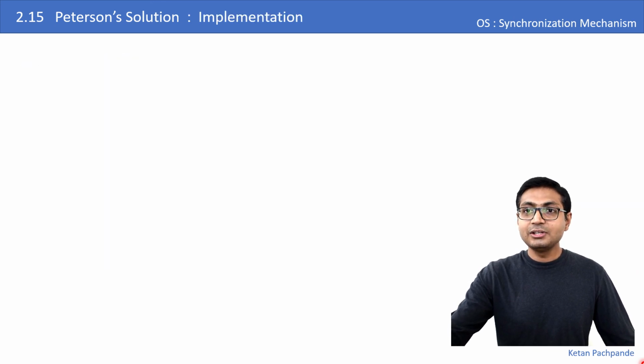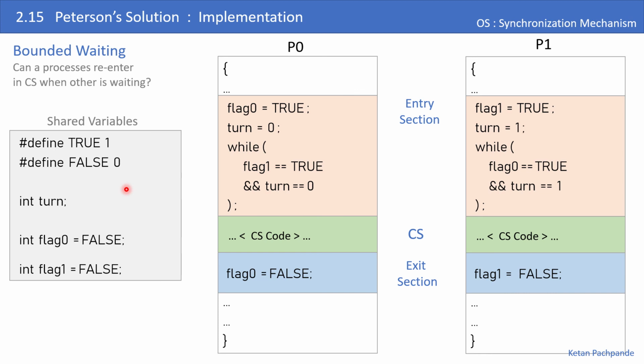Let us again take the same program. All initial values. First let's put the process P0 into the critical section. So let me straight away execute the process P0's entry section and it enters into the critical section. Now while it is doing the job in the critical section, let's bring the process P1.